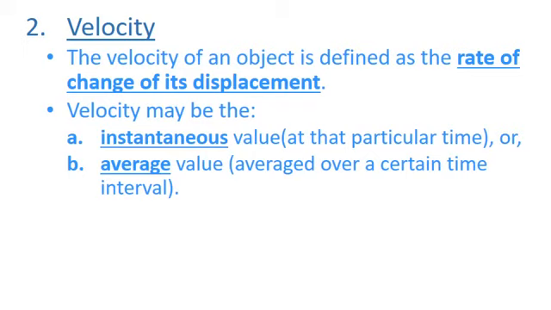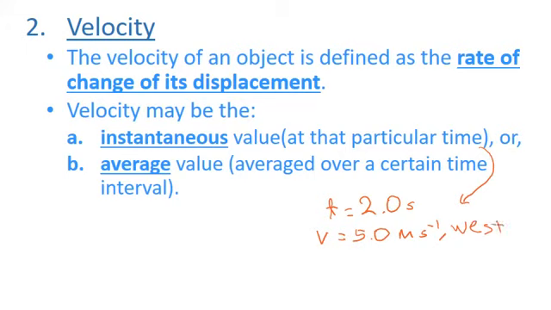Now, I'll just explain to you what this means. Let's say, for example, at time t equals 2.0 seconds, the velocity of the object is given by 5.0 meters per second west.